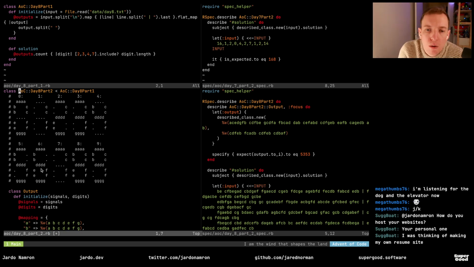Okay, so if we know which one the 1 is, in this case the 1 is AB, it means that A and B are C and F or F and C, and that means we can look at the 6 and the 9, which are the two that have 6 cells visible, and the one that shares 2 digits with the 1 is the 9, and the other one is the 6.